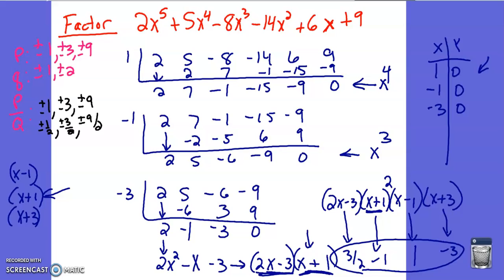And again, at the very beginning, I mentioned Descartes' rule of signs. If you remember how many times it changes, it starts off with positive, then changes to negative, and then changes back to positive. So it changes twice, which means I could have 2 positive zeros. And notice I do have a positive zero and another positive zero.